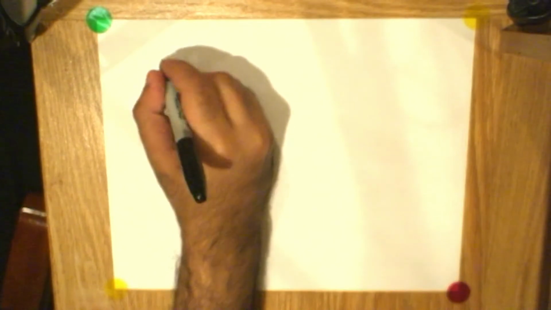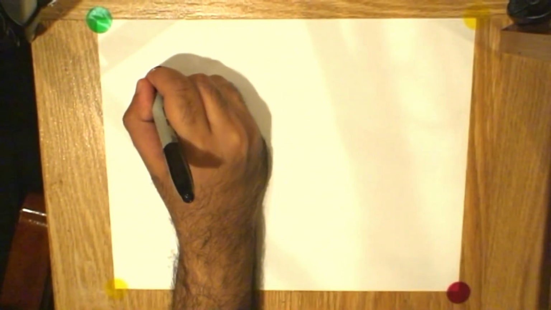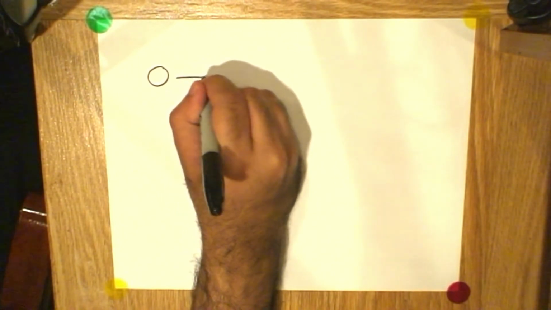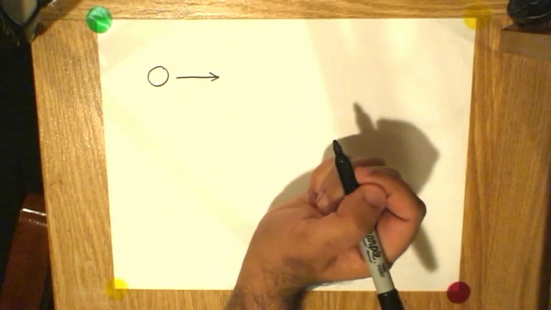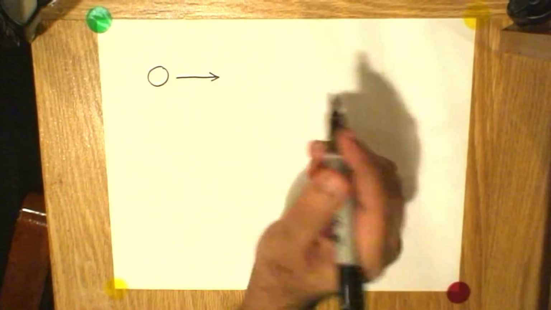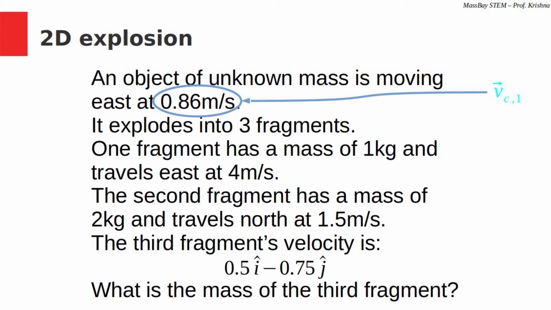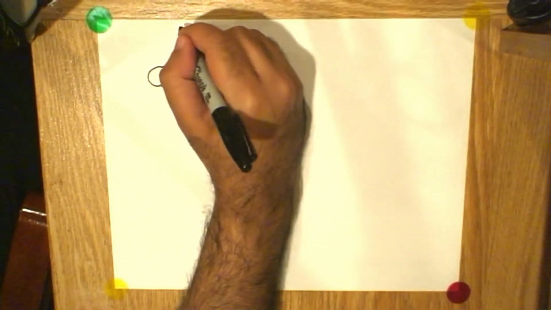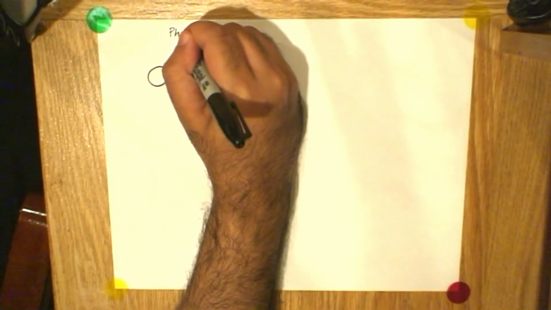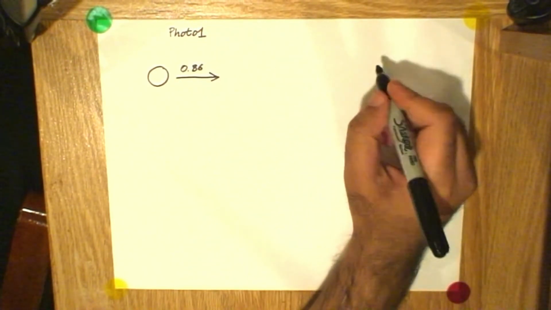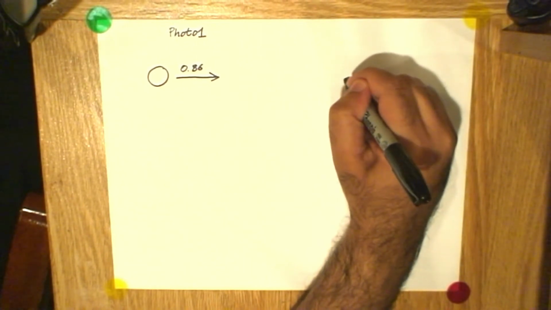In this question, we have an object of unknown mass which is initially traveling rightwards. So we are first examining it before the explosion takes place. The velocity of this object is 0.86 meters per second rightwards, and this corresponds to our photo 1. Then there is an explosion.